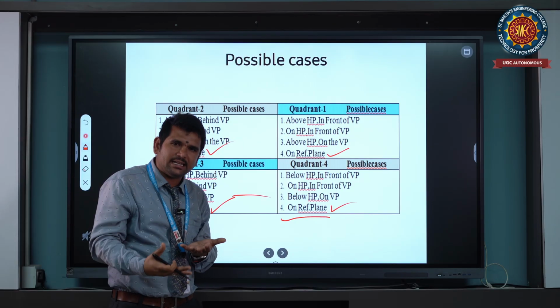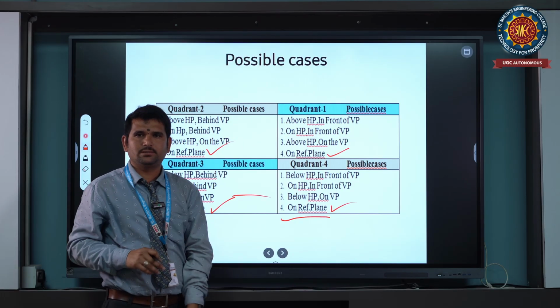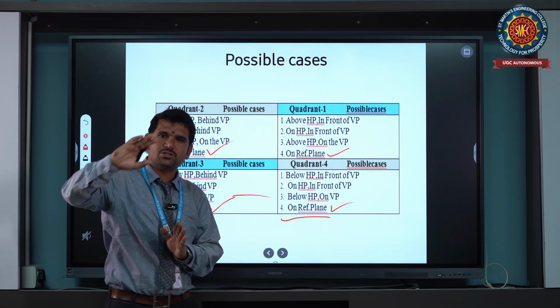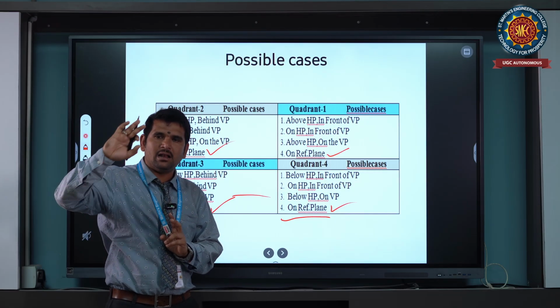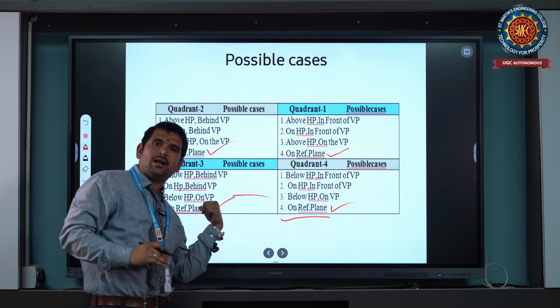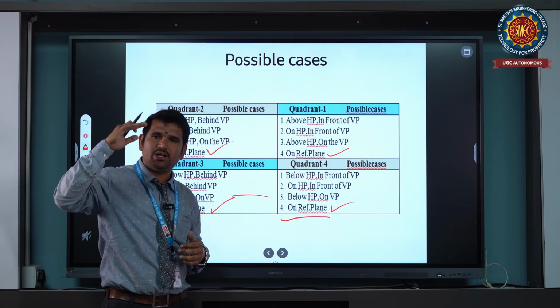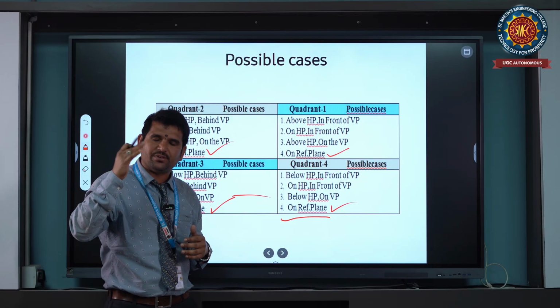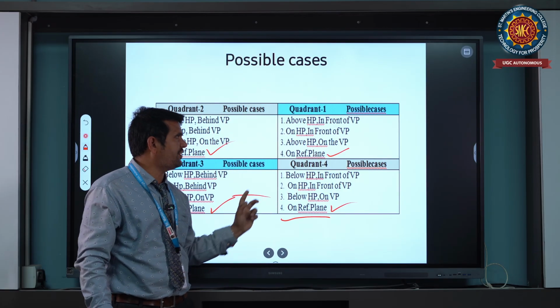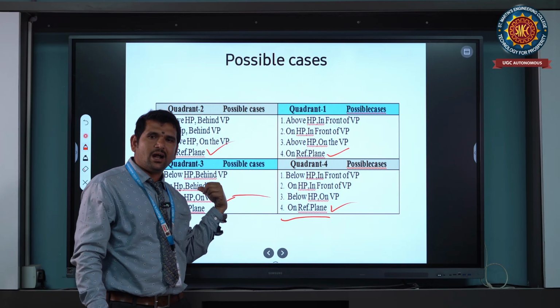In the first quadrant, the object is always placed above, and we get the top view and front view. In the third quadrant, they first observe the front view, then the top view. That is the main difference between the first quadrant and third quadrant.